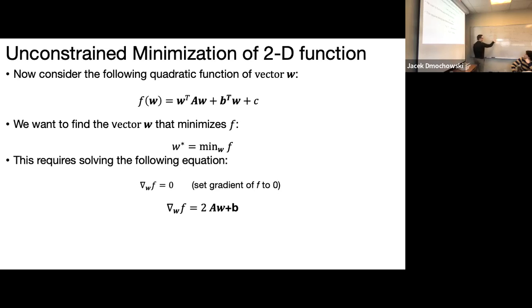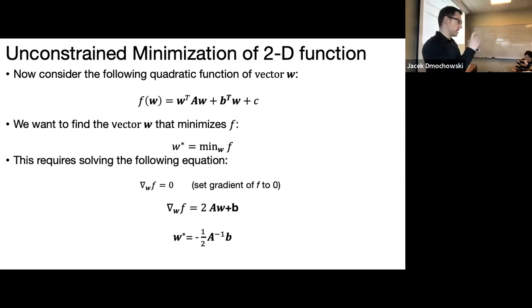This is a matrix, this is a vector, and the product of a matrix and a vector is a vector. The gradient is a vector, and that's what this term is. It's like the power rule applied to vectors.